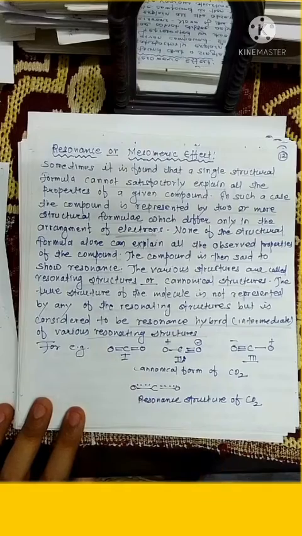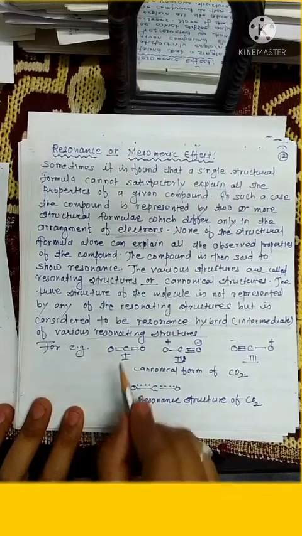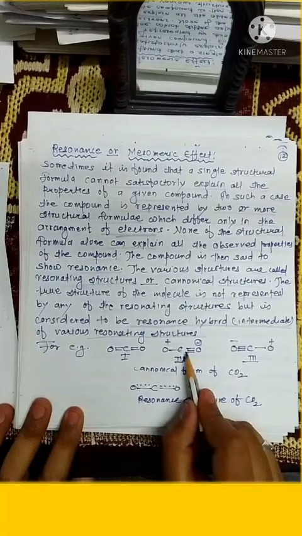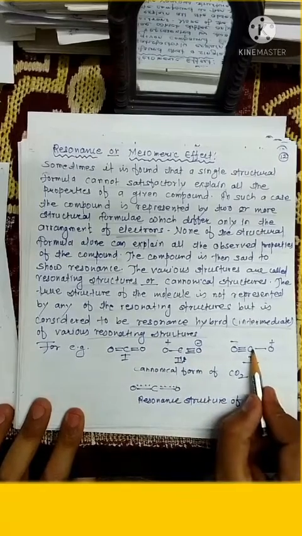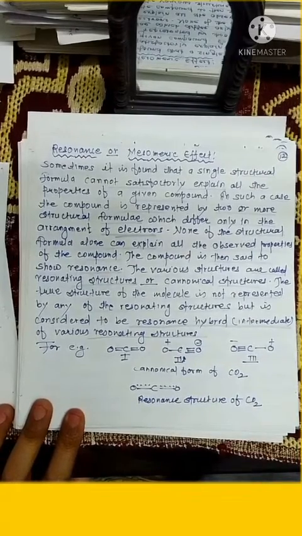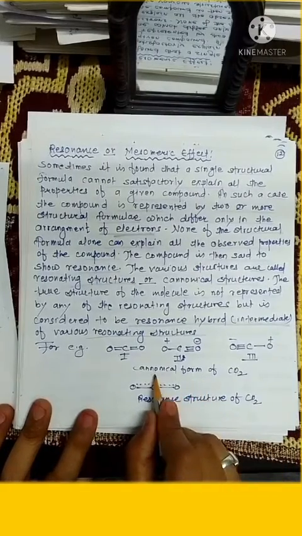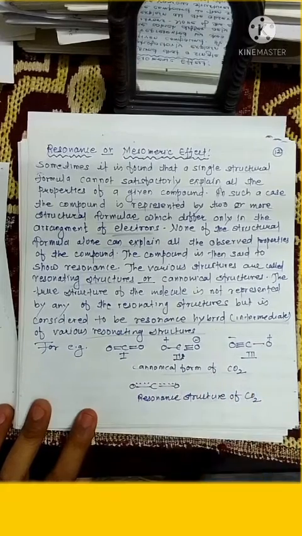Just see the example of the CO2 molecule. CO2 can be written like this. CO2 can also be written like this. It can also be written like this. These are all canonical forms of CO2.